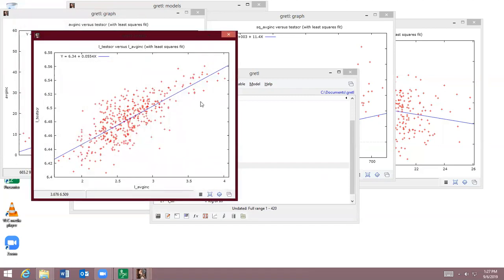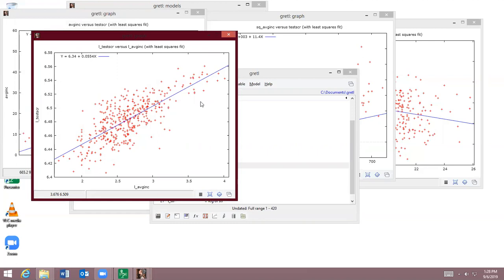There you go. So then if we do a logarithmic transformation of them, what a logarithmic transformation is doing is, instead of looking at the raw test scores and the raw average income, it's looking at the relative change in test scores and the relative change in average income, right?